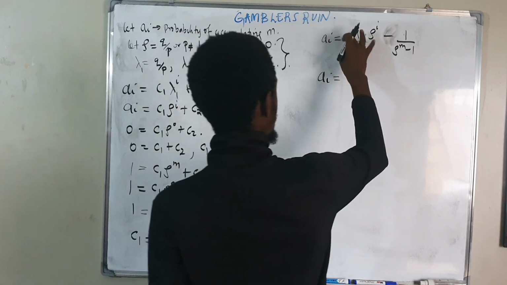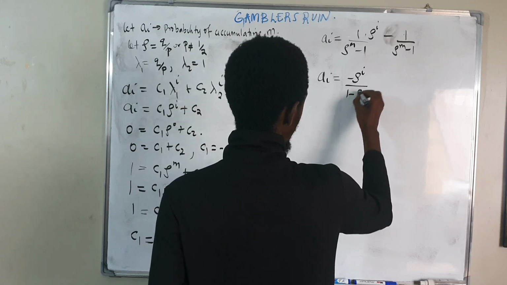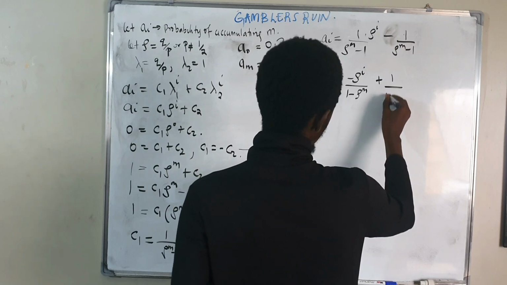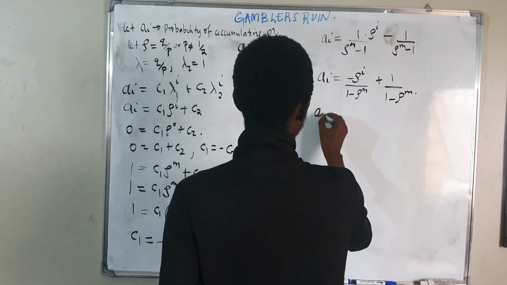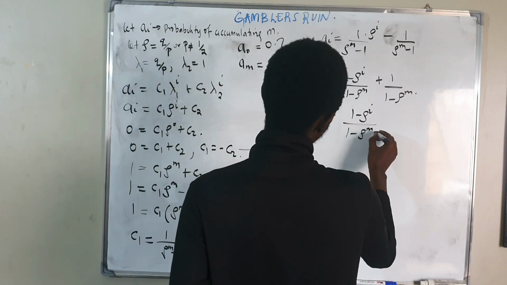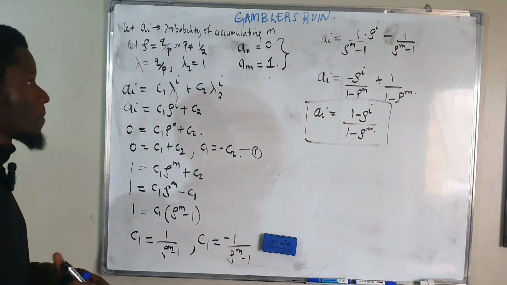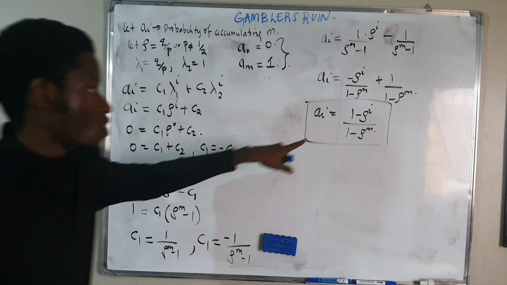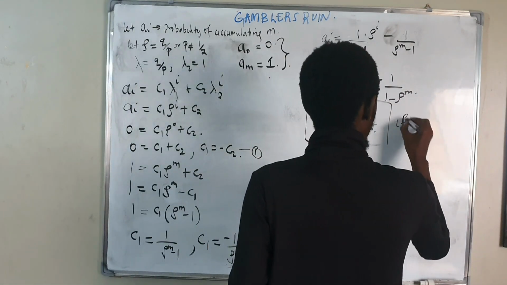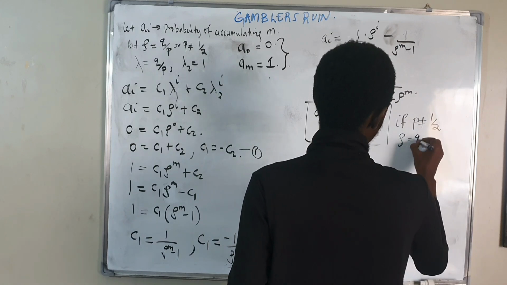If I introduce a negative here, I'll have negative rho I, then divided by 1 minus rho M, and plus 1 out of 1 minus rho M. Then I have my AI as 1 minus rho I out of 1 minus rho M, the probability of me accumulating M when my P is not equal to a half. This will happen if P is not equal to a half, and rho equals Q over P.